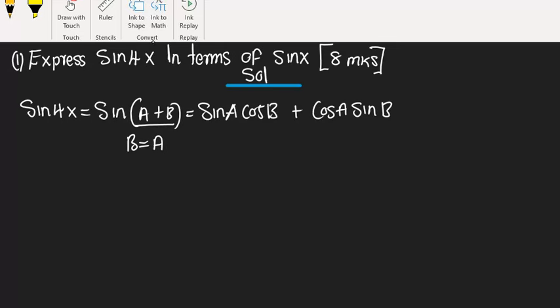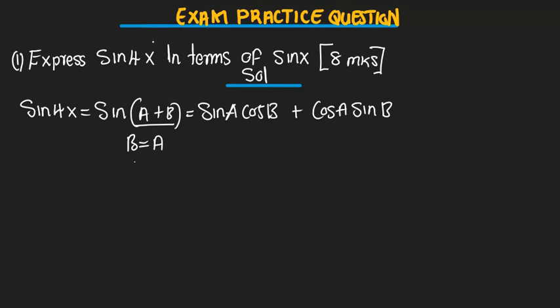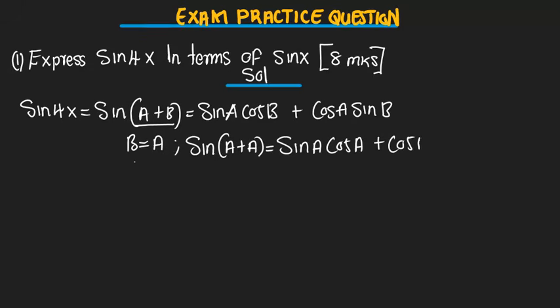So, if b is equal to a, then this time around, the formula becomes different. It's going to be sine, and our b has now become equal to a. Then it means that we're going to have sine a cosine a, and then the other end will start with cosine a sine a.